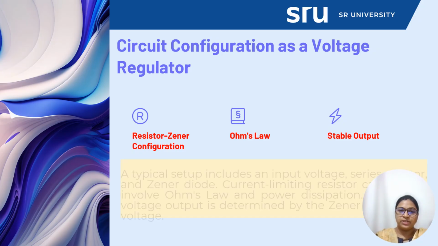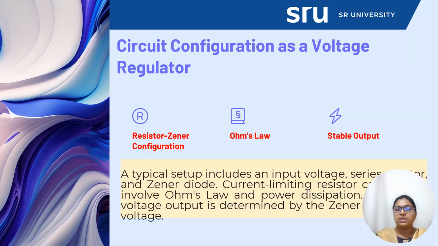The features: a typical setup includes input voltage, series resistance and Zener diode. Current limiting resistors involve Ohm's law and power dissipation. The voltage output is solely determined by the Zener breakdown voltage.